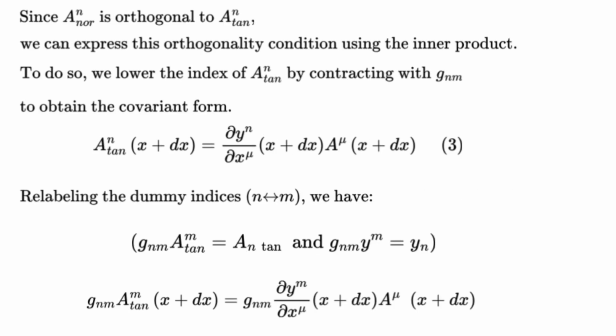Since a^n normal is orthogonal to a^n tangent, we can express this orthogonality condition using the inner product. To do so, we lower the index of a^n tangent by contracting with g_nm to obtain the covariant form.